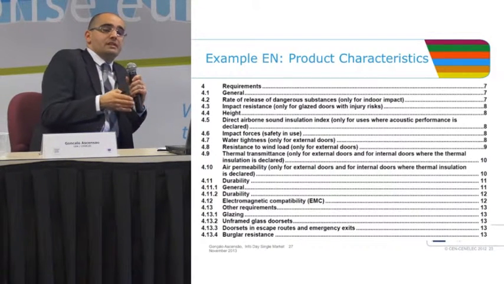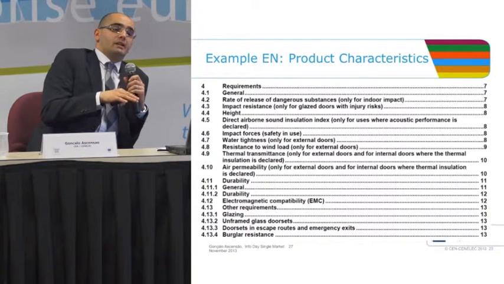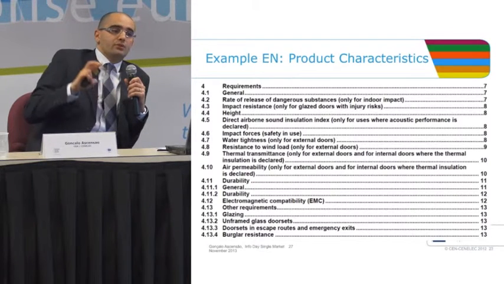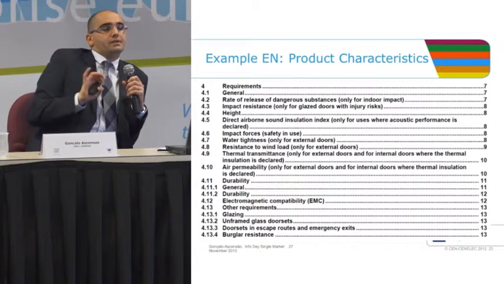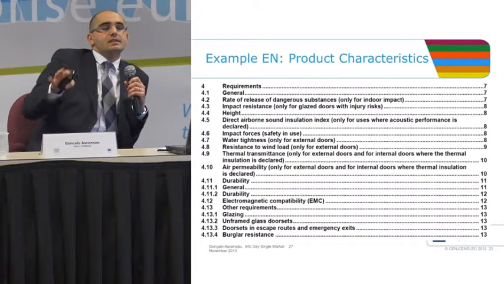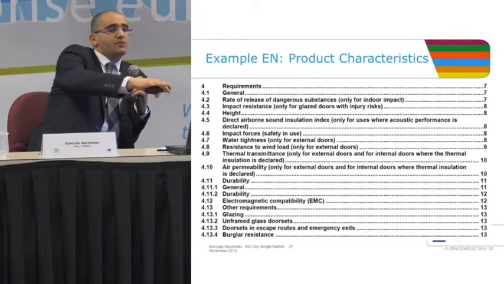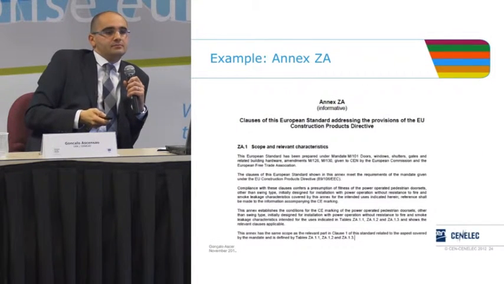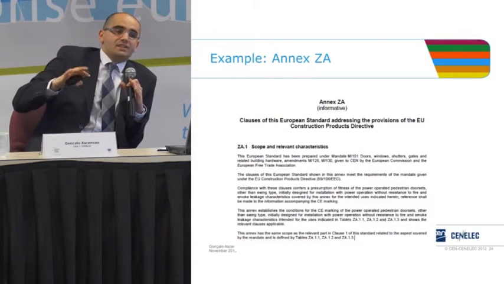We also have, in this case, electromagnetic compatibility, which is a new approach directive, and this standard is covering aspects from both directives. So there is Annex ZB for construction, and there is Annex ZB for EMC. You will see the difference. And some of those characteristics are not linked with the CE marking. So now, what is the Annex ZA?